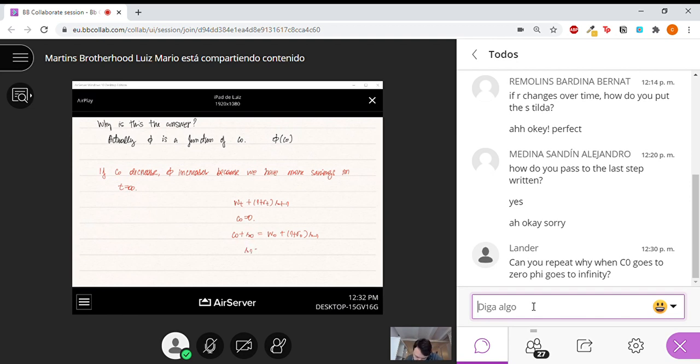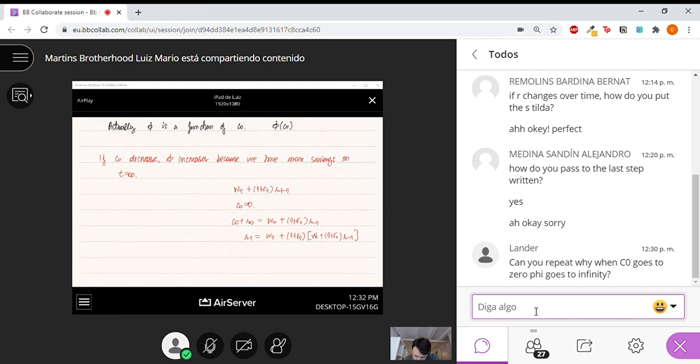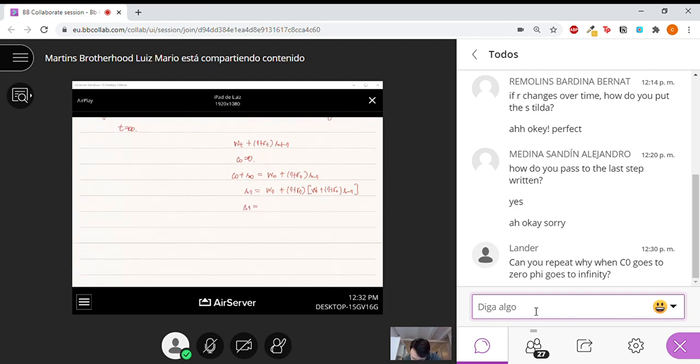Okay, so if I make C0 equal to 0, I use all the money to save. In the next period, I will have S1 equal to S0 here, but we know that S0 is this. Okay, so I think I already see a pattern. Then let me do one more.